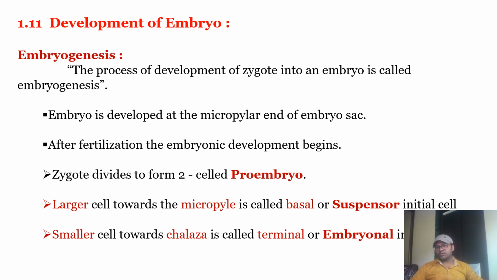The larger cell, which is present towards the micropyle, is said to be the basal or suspensor initial cell. The smaller cell, which is present towards the chalazal end, is said to be the terminal or embryonal initial cell.